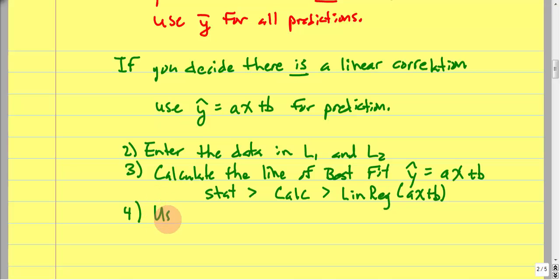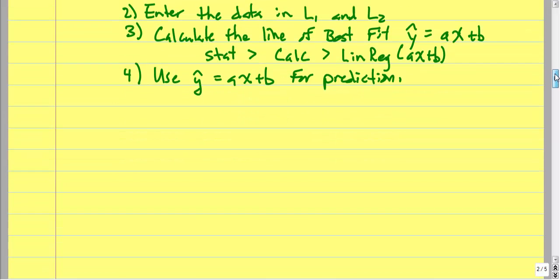So use my line y hat equals ax plus b for prediction, because we've established that there's a linear correlation between the variables. We're going to look at quite a few different examples. And again, one of the important things we need to remember is we have to establish that there's some sort of linear correlation before I can use linear regression.